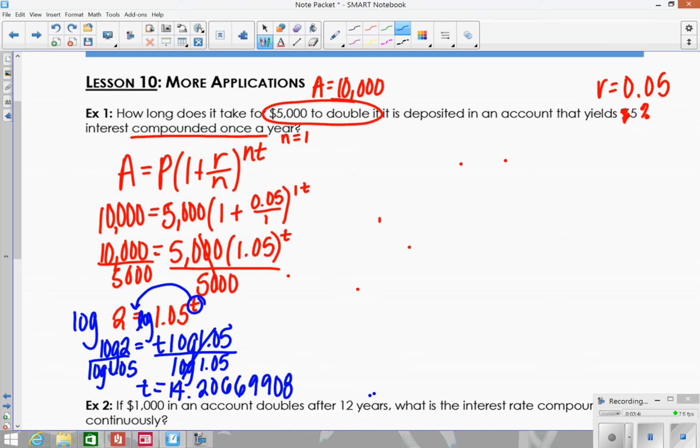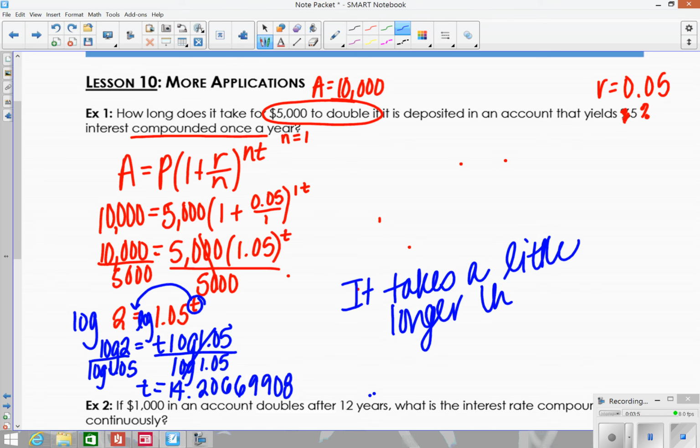So a little bit more than 14 years is what it's going to take for this money to double. So I'm just going to answer that it takes a little longer than 14 years.